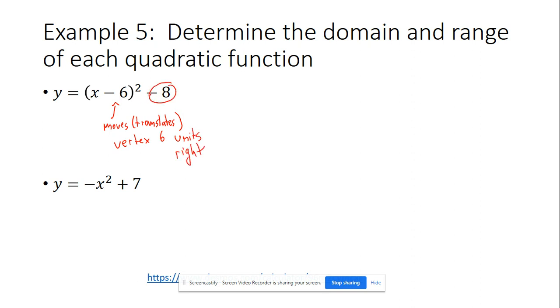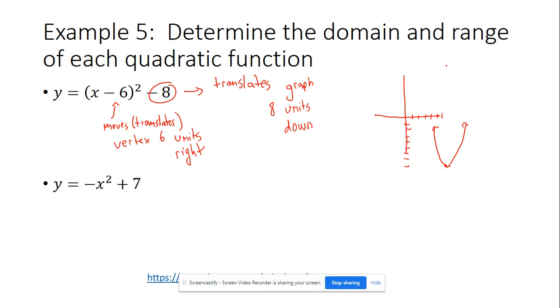This minus 8, which is outside the brackets, I'm going to say it translates or moves 8 units down. So what's this graph going to look like? It should be translated 1, 2, 3, 4, 5, 6 to the right, and then 1, 2, 3, 4, 5, 6, 7, 8 down. So it should be over here, and this graph is going to be opening up like this.